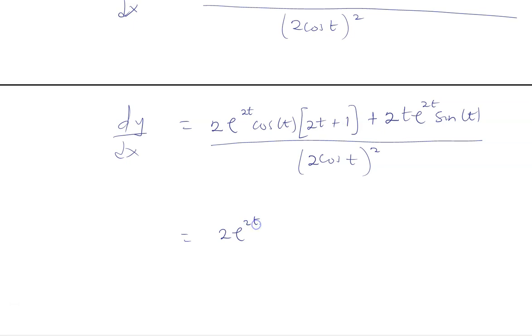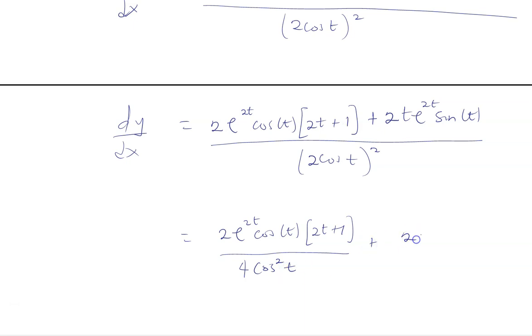2e^2t cos t (2t plus 1) at the first term, all divided by what? 4 cos square t, I'm going to get 4 cos square t, right?